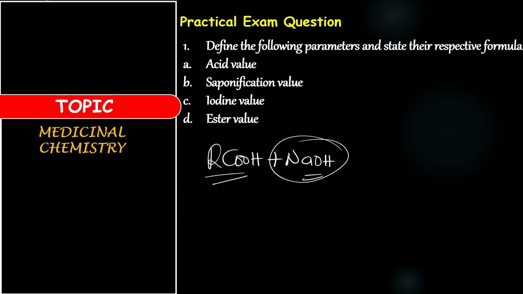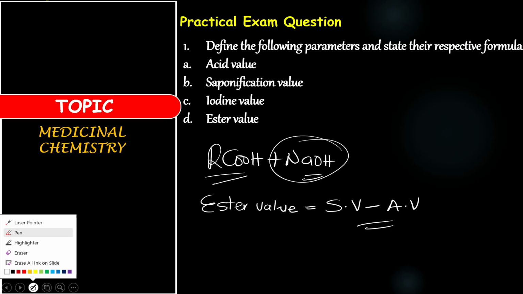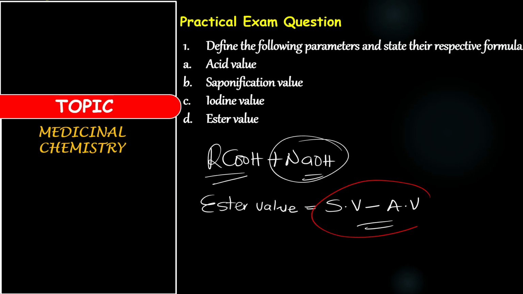Are you getting it now? Now, the formula for calculating ester value is equal to saponification value minus acid value. So saponification value minus acid value will give us the ester value. Is that okay? So that is basically how to go about this question.